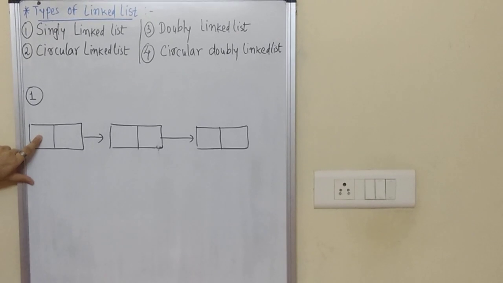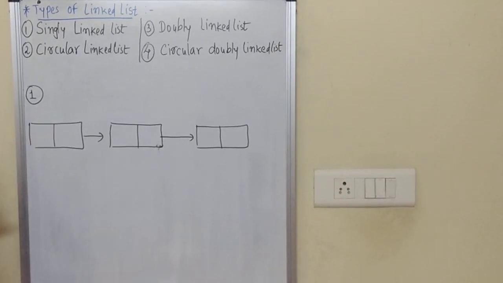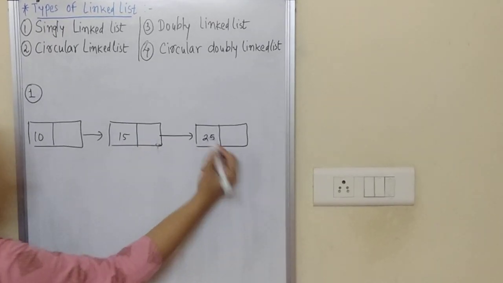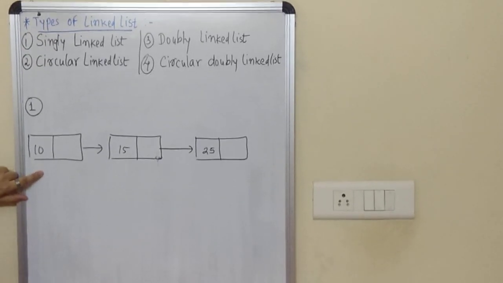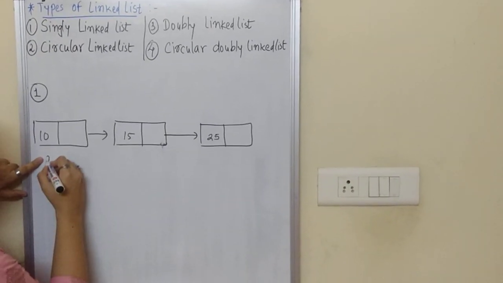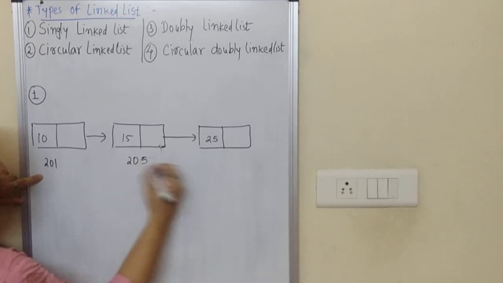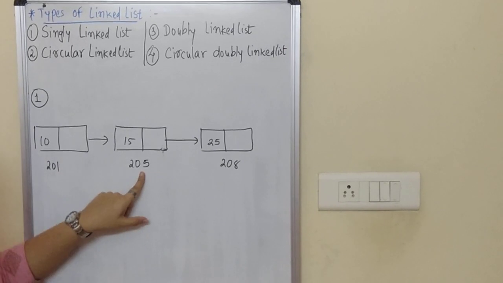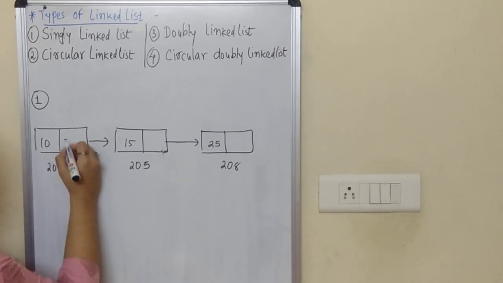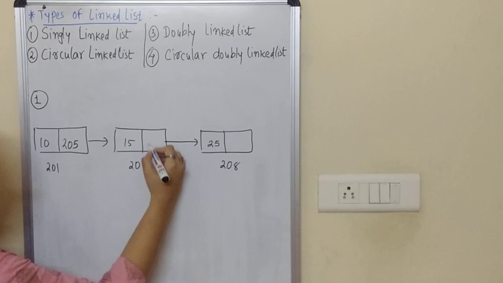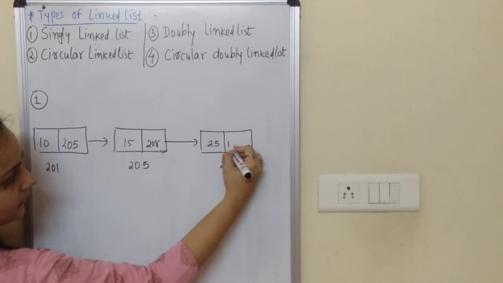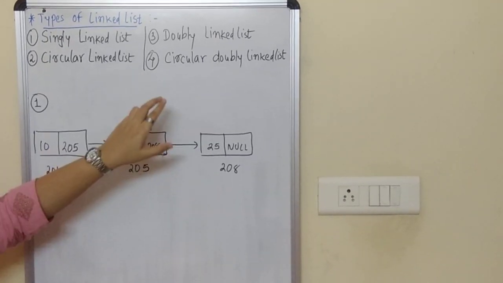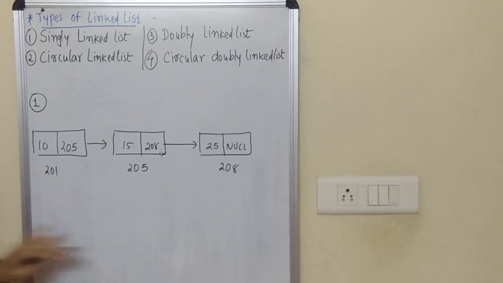The very first part of the node having the data like 10, here 15, here 25 for example, and the location of a particular node, for example 201, 205, 208. So it contains the address of the next node, that is 205, here 208, and here null value or 0 value.